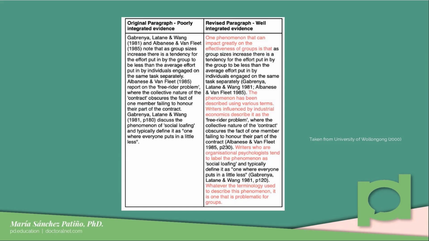On the right column, the text is improved by presenting claims that reflect the student's analysis of the sources cited. So when it says one phenomenon that can impact greatly on the effectiveness of a group is that, as, and continues, it implies that that's the student's opinion. That's the student voice in that sense.